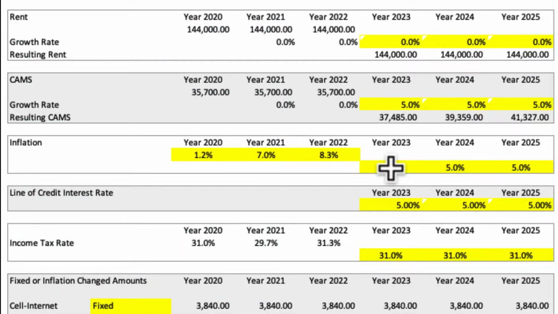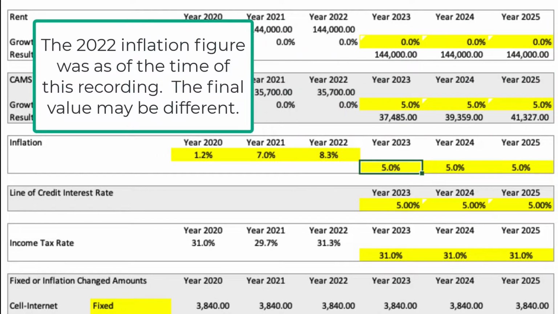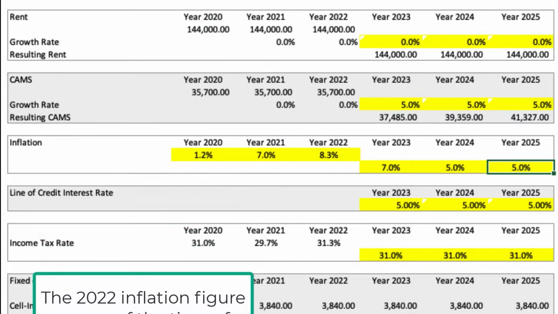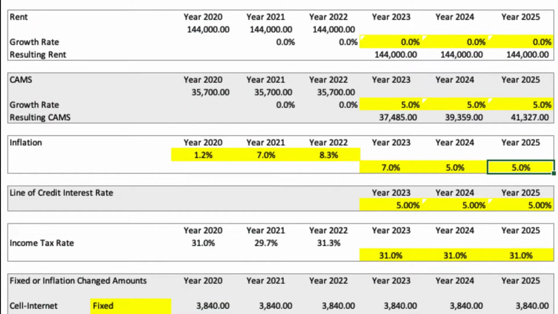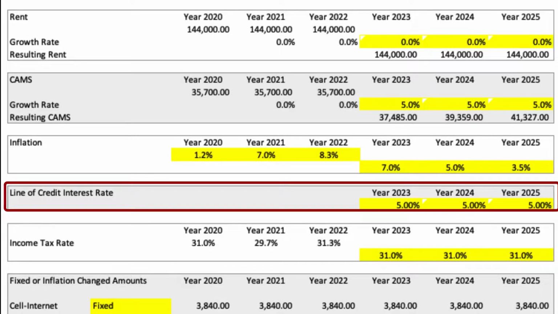So my formula here has 5% for each of the next few years. But considering 2022 was 8.3%, maybe the following year, instead of being 5%, maybe it's going to be 7%. And then maybe it's going to be 5% after that. And for 2025, let's put in 3.5%.